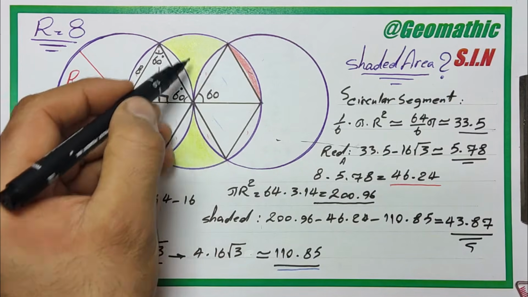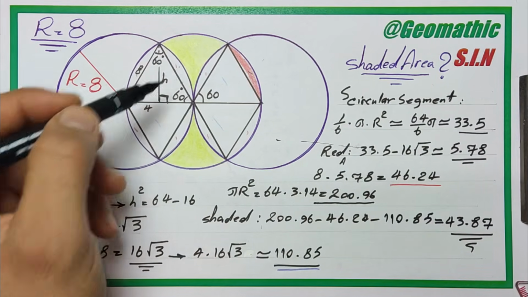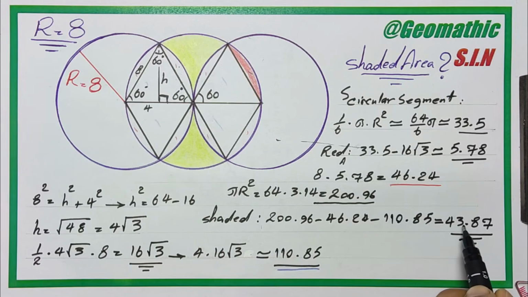So the shaded area, which is the sum of these 2 green parts, equals 43.87.